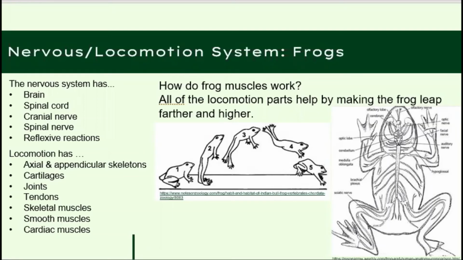The frog's muscles all work as locomotion parts to help them move and leap farther and higher.